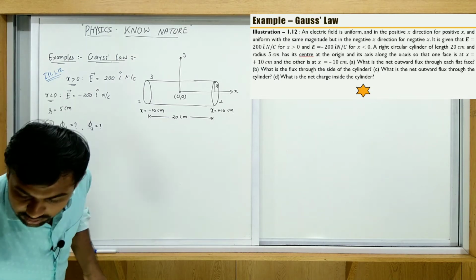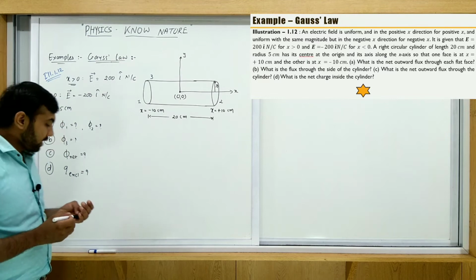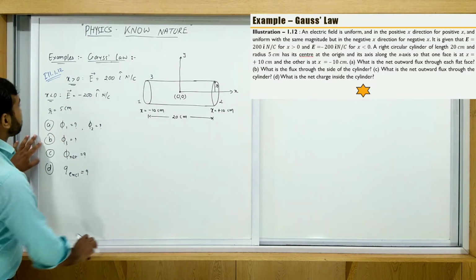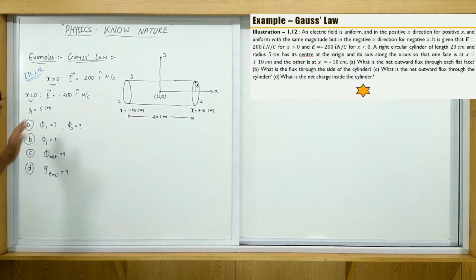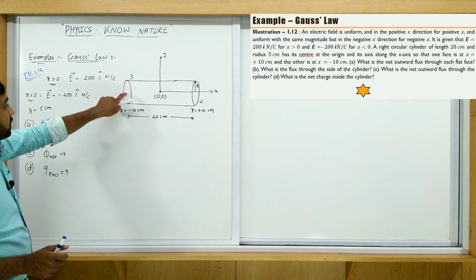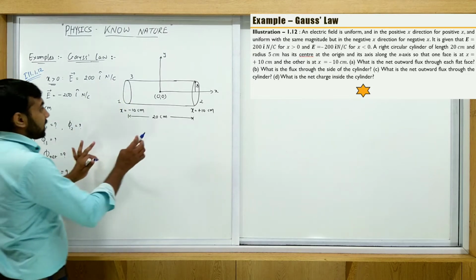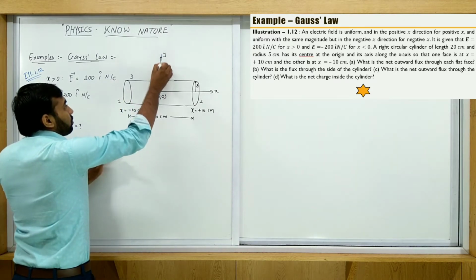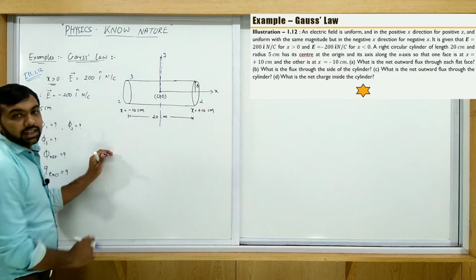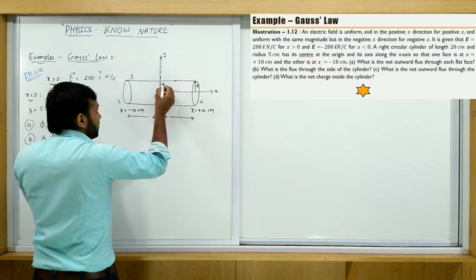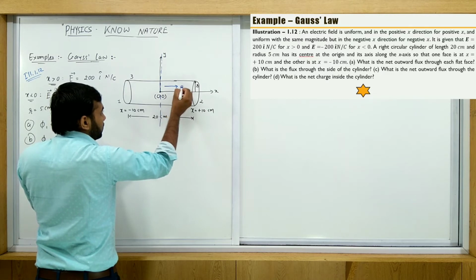Here a number of things are given to us. Okay, let's start the solution. So this is the figure for us, and all this data is given to us. Let's consider this figure, surface 1. What is the electric field for positive x and negative x? If you consider the positive x, then the electric field direction is this one.